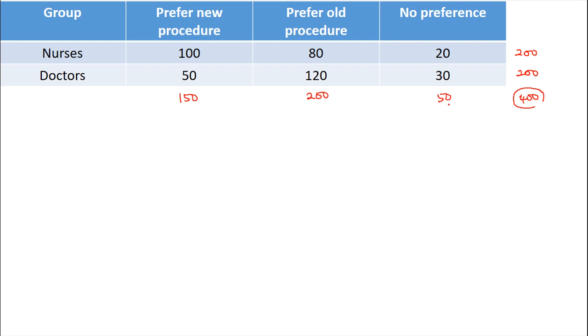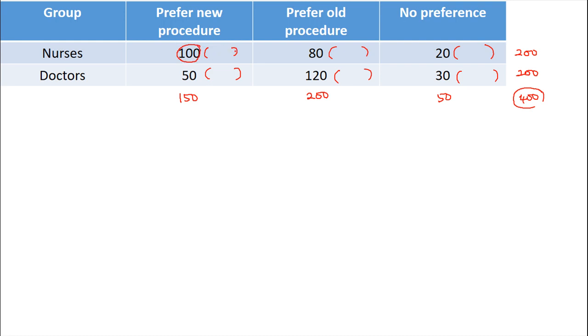After you find the row sums and the column sums, you have to calculate the expected value for each cell. Now we have 6 cells. For the first cell, you put the expected value in brackets so that we can differentiate between the expected value and the observed value. This is the observed one, so what is the expected value?